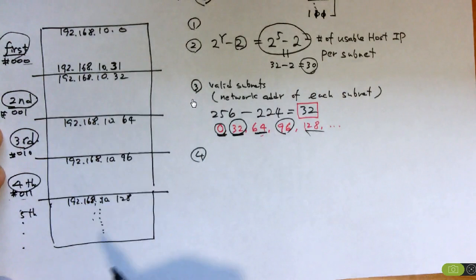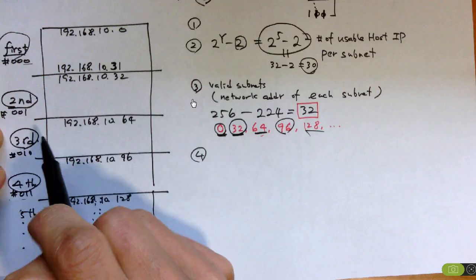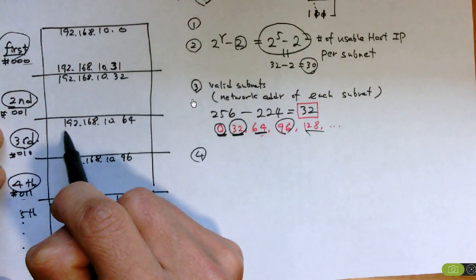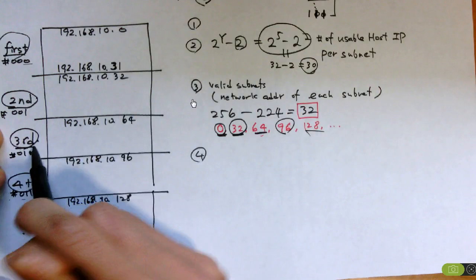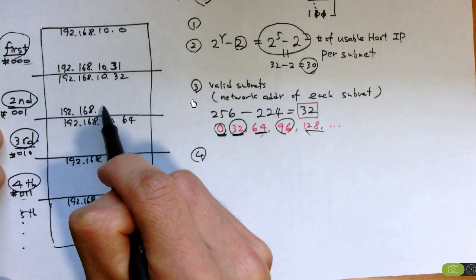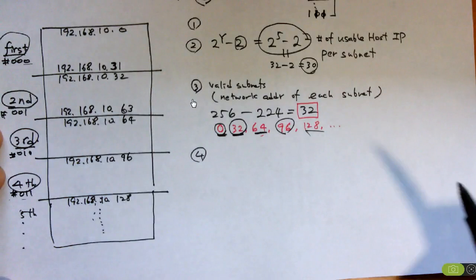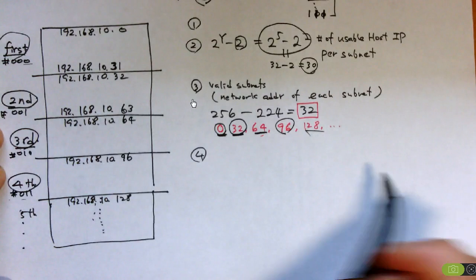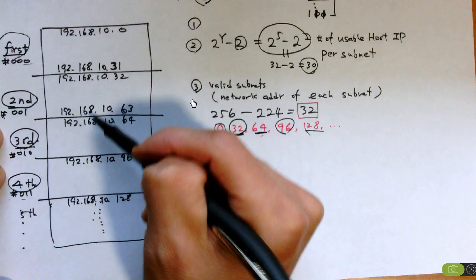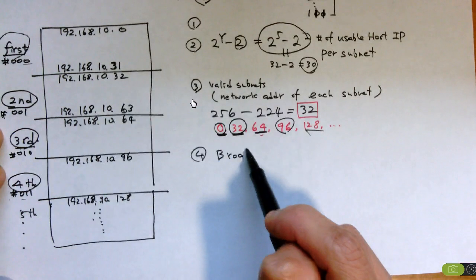So I may ask you, what is the broadcast address of the second subnet? The answer is the network address of the third subnet minus 1, which is, okay. I can just keep going, but the fourth one is about broadcast address.